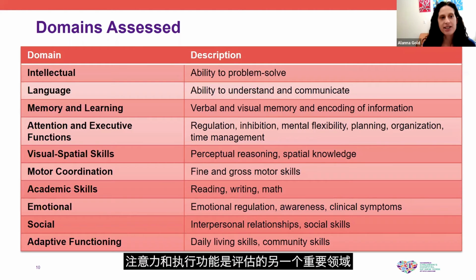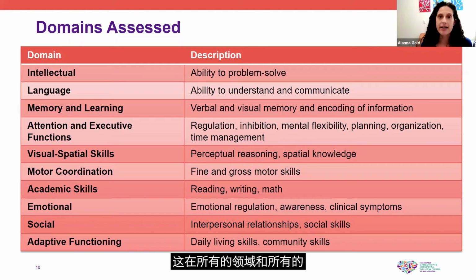Attention and executive functioning is another important domain assessed. And this really can play a part in all of the domains and all of the evaluation, because we know attention really can underlie performance in general. Executive functioning is really our ability to manage goal-directed behavior.